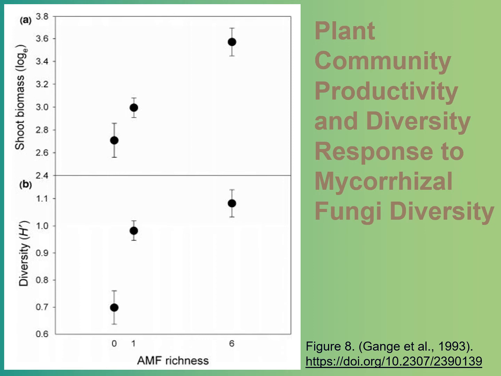Figure 8 shows the plant community productivity and diversity response to arbuscular mycorrhizal fungal richness. The logarithm of plant biomass is shown in A, and plant diversity as Shannon Diversity Index in B, both shown on the y-axis.